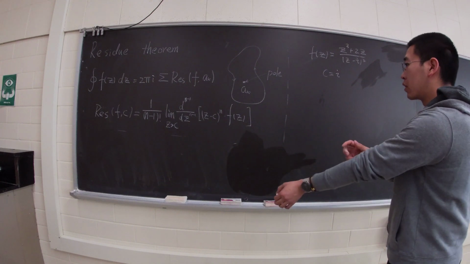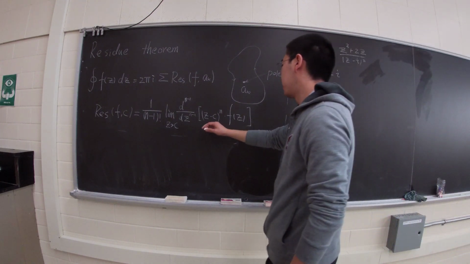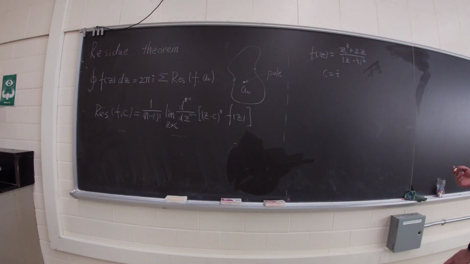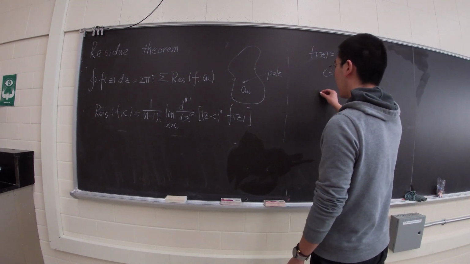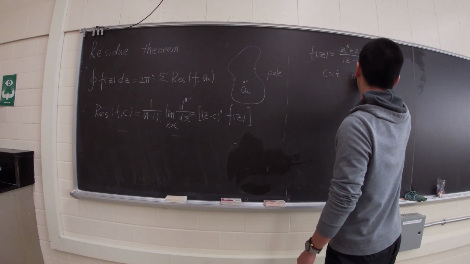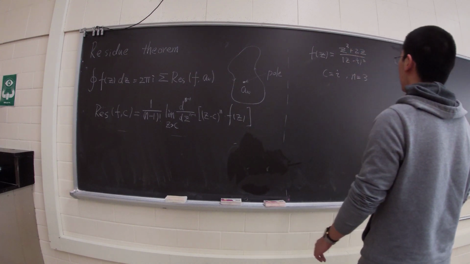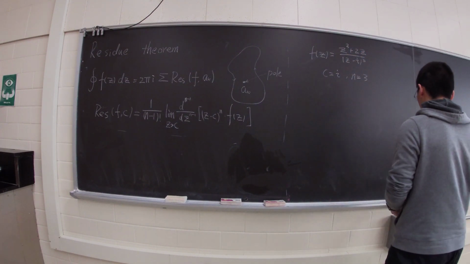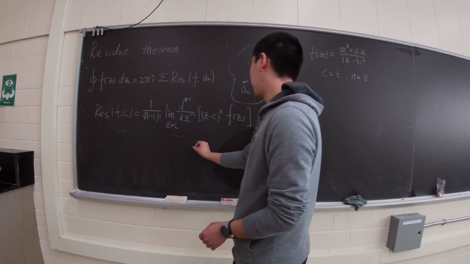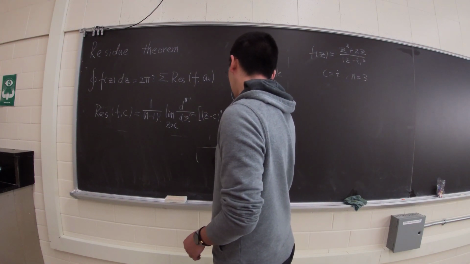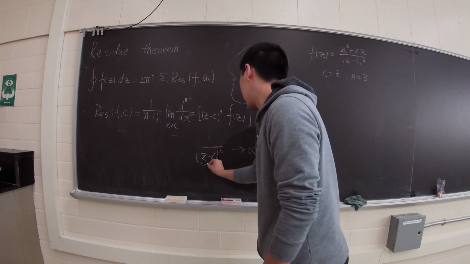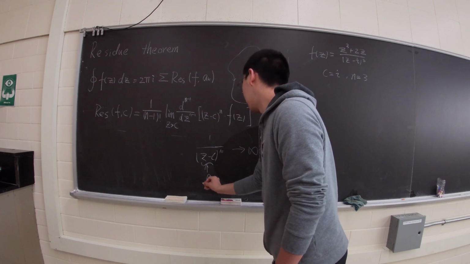And in order to have a finite derivative, we will need n equals 3, because otherwise the derivative will give us something that goes to infinity, since this is essentially limited to 0.